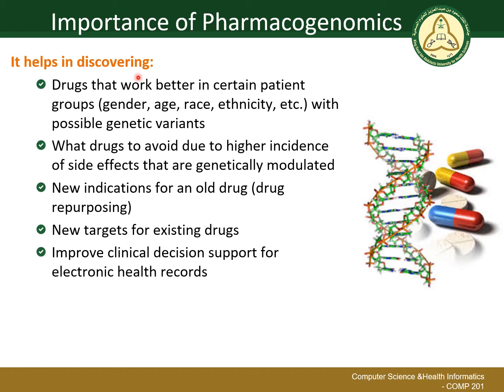So the importance of pharmacogenomics is that it helps in discovering drugs that work better in certain patient groups, such as gender, age, race, ethnicity, with possible genetic variants.